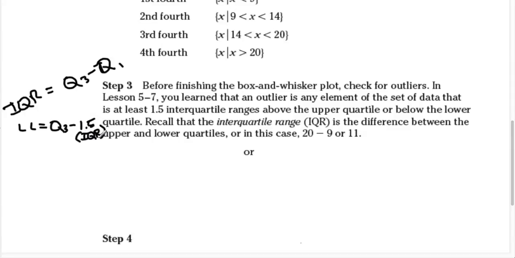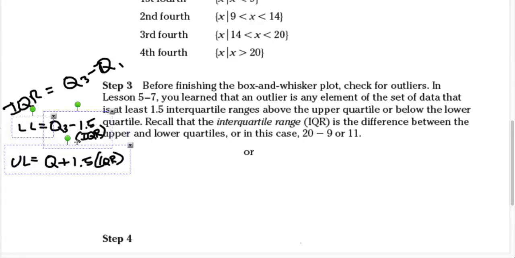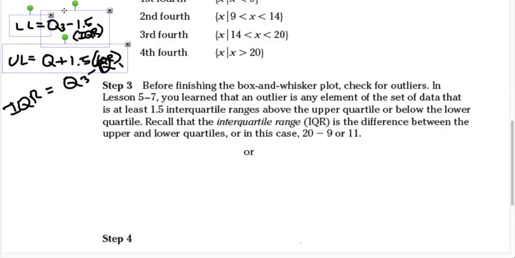And to find the upper limit, you have your Q3 plus 1.5 times your IQR. Anything beyond those two limits is called an outlier. Let me move this up here because it's going to cover what I have.